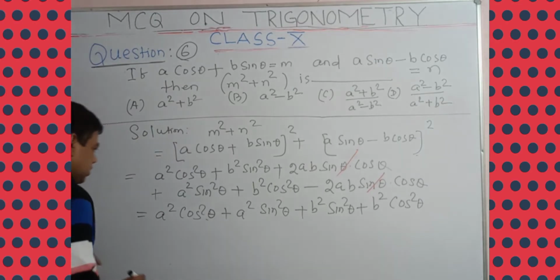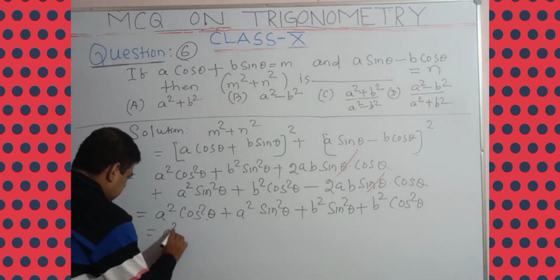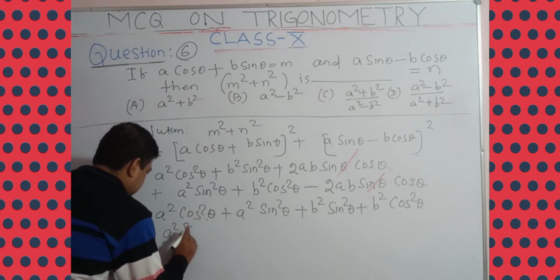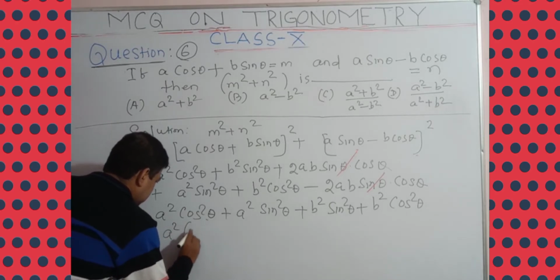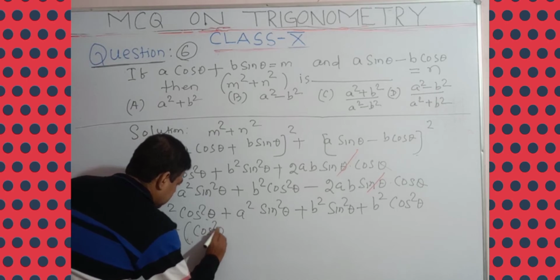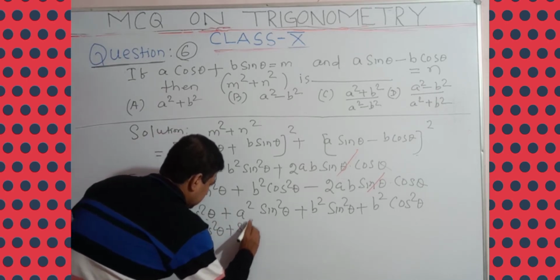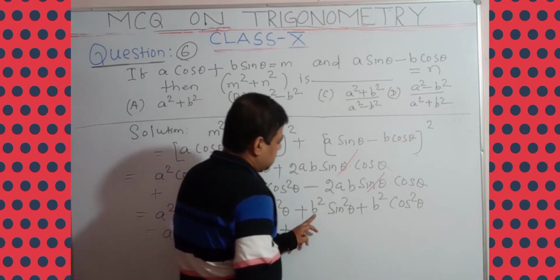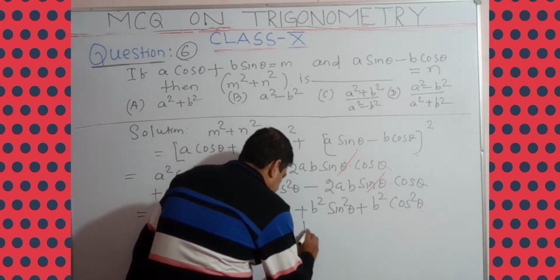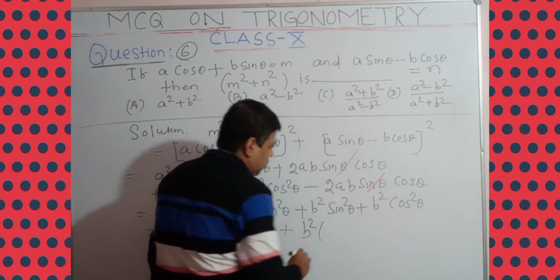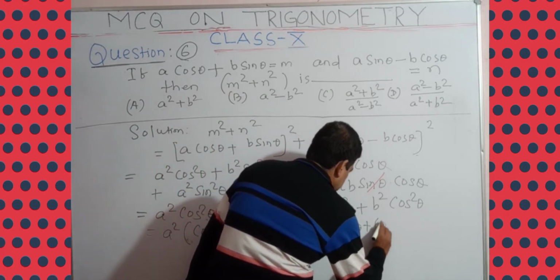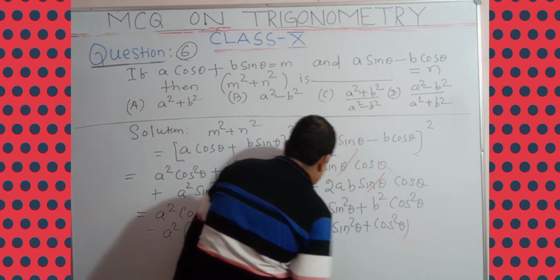Understand? So here you bring the common factor a square. After bringing the common factor, it will be a square into cos square theta plus sin square theta, plus, here the common factor is b square, so b square can be taken as a common factor. It will be sin square theta plus cos square theta.